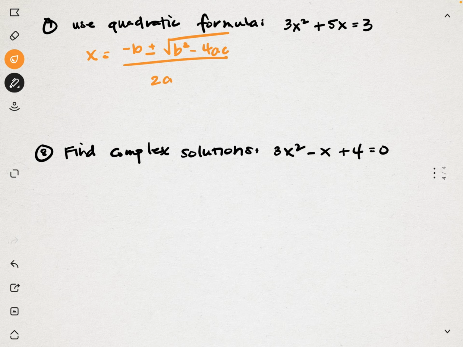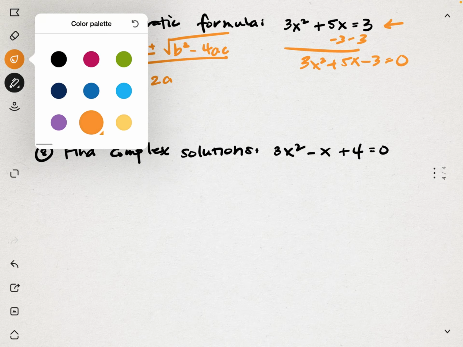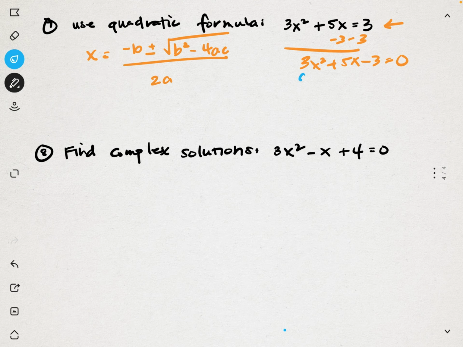And then we referred to this earlier, so we'll label our a being, oh, before we do that, we gotta make sure it's equal to 0. So we'll move our 3 over. So we have 3x squared plus 5x minus 3 equals 0. And at this point, we can start substituting our a, b, and c.